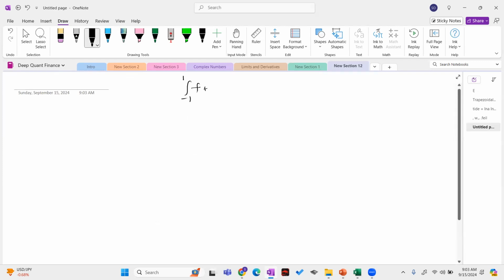I'll show you one concrete example after the theoretical derivation. So we are focusing on this. Okay. Now consider, let's say, we have a case where f(t) is a linear function. Start with the very simple one. f(t) is linear.